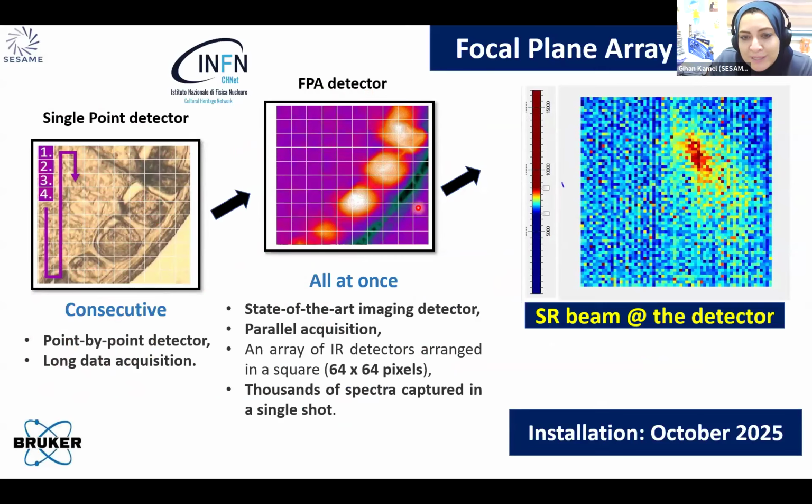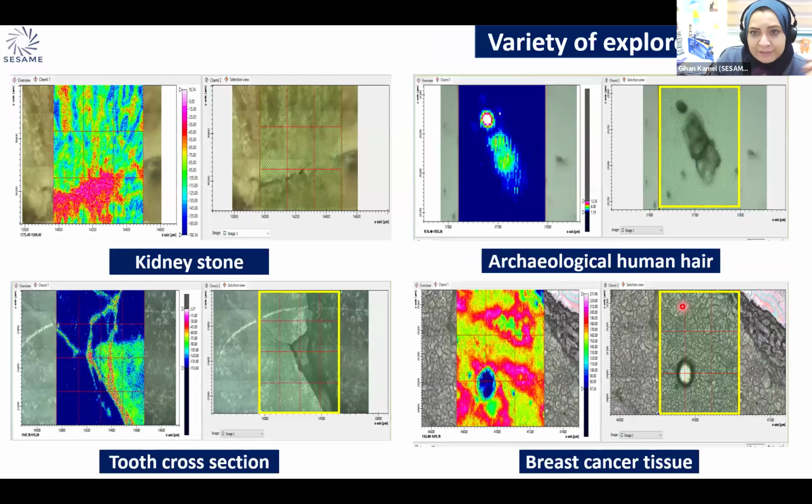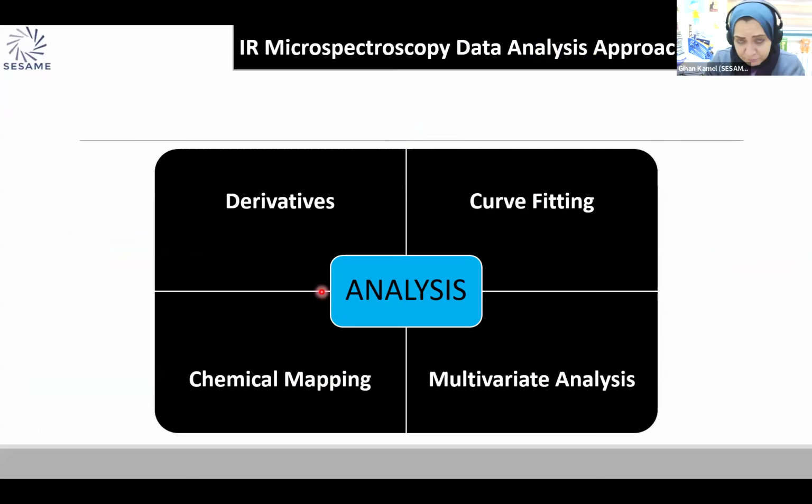So it's 64 by 64 pixels, the one that we have. And you can capture above 5,000 spectra in a single shot as a camera, because it works basically as a camera. And here you see the beam, the detector, and these are some examples of the testing samples that we just used for testing the detector.